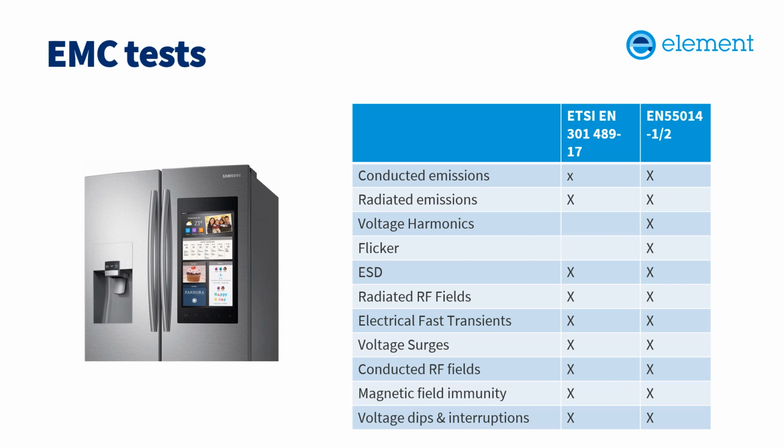The manufacturer is required to do an assessment of all of the different phenomena that you see down there. When it's got a radio module embedded in it, then ETSI 301-489-17 would be used. -17 simply because I've assumed it's a Wi-Fi or a Bluetooth module. There'll be other parts that apply if it used a different type of wireless technology.